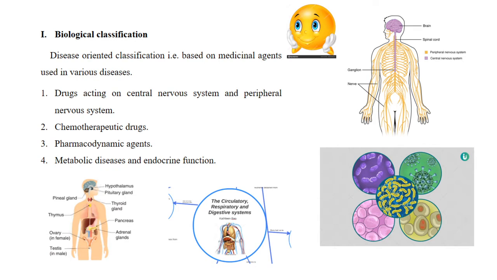The first one is biological classification, that is a disease oriented classification, that is, drugs that help to treat any disease or any physiological disorders.